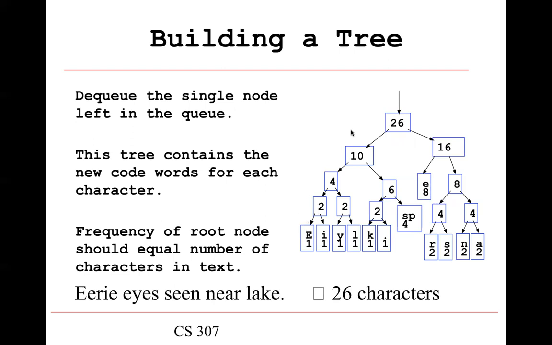We define going left as 0 and going right as 1. So it's 0, 0, 0, 0. So the coding of uppercase E is 0000. What's the coding of the lowercase e? It's go right, then go left. So the coding of the lowercase e is 10.